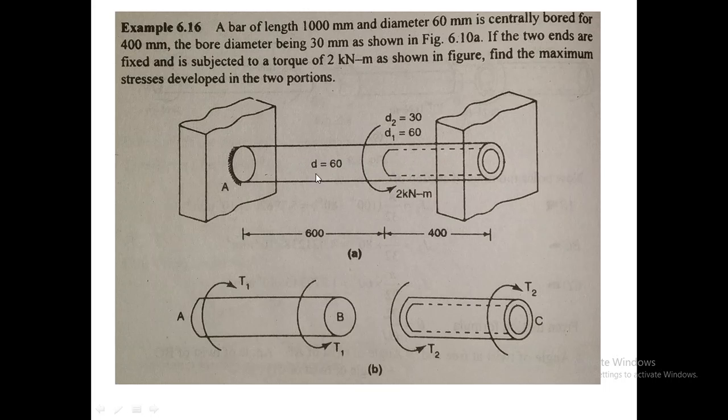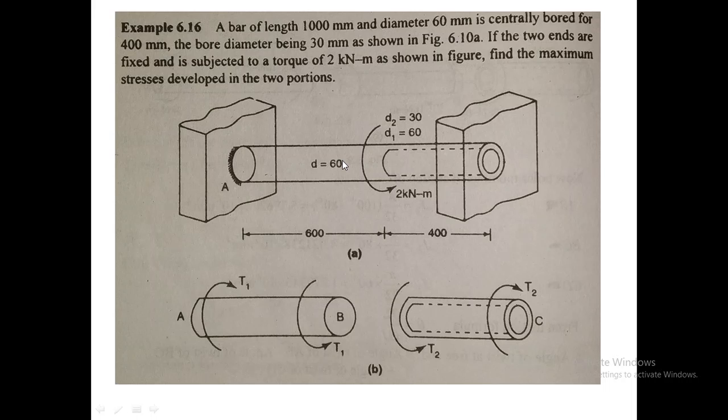This portion is a solid shaft, and the material is the same, I think. A hole is drilled inside the shaft here to make it hollow. So for 400 millimeters it is a hollow shaft, and for 600 millimeters it is a solid shaft.